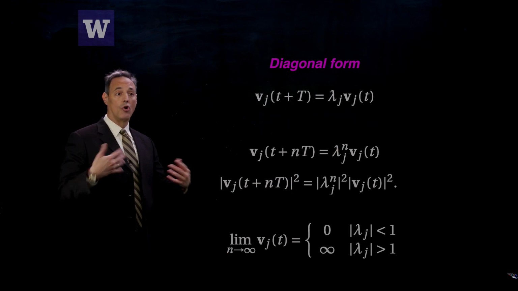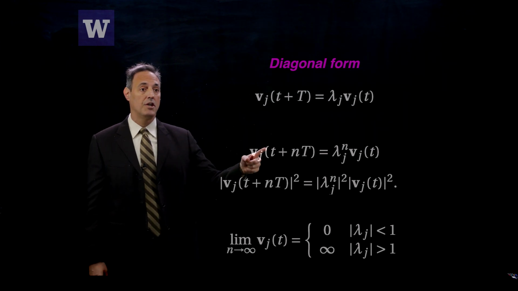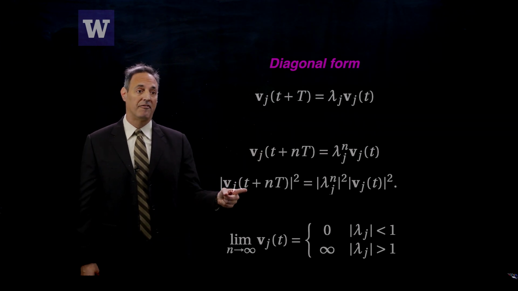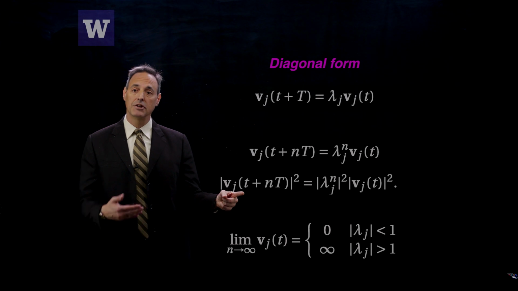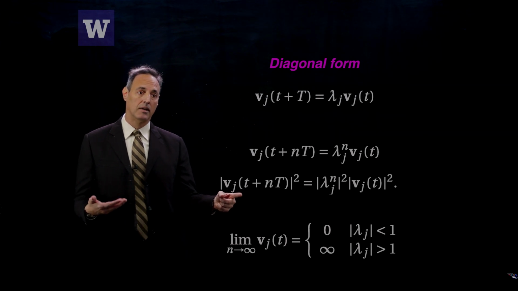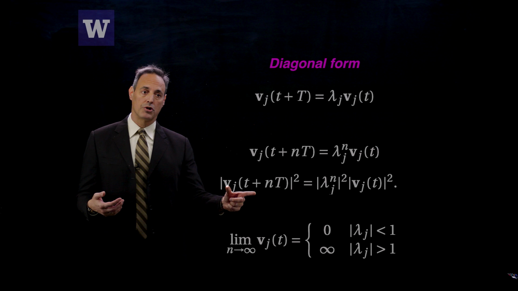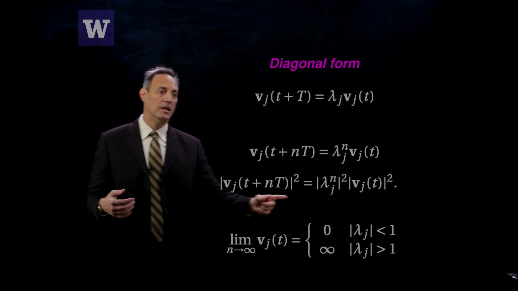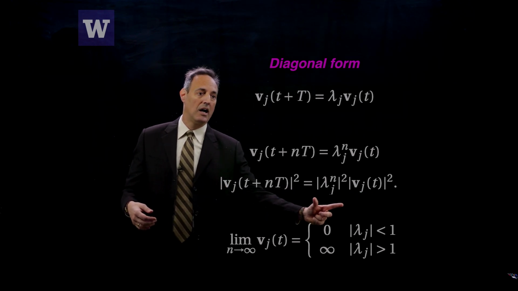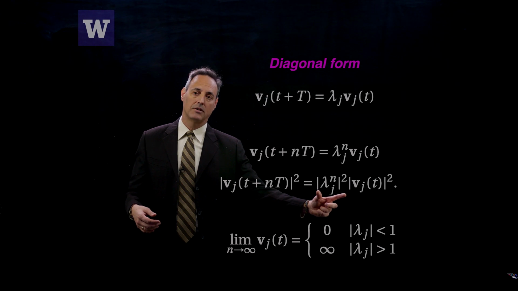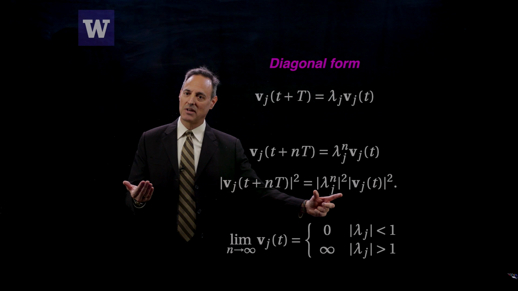Or if I take the norm of both sides of this equation here, I'm going to get the following relationship here. And here's the observation that we need to make. The solution n periods in the future is going to be what it is now times this multiplicative factor. And what you really care about is what are the values of those eigenvalues.